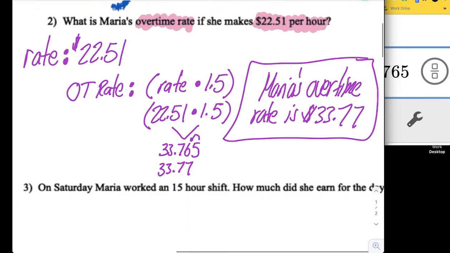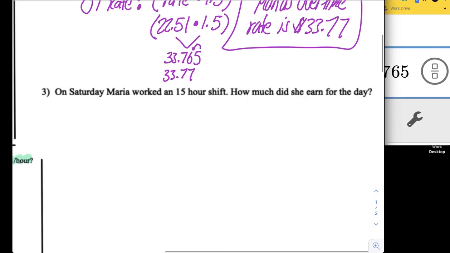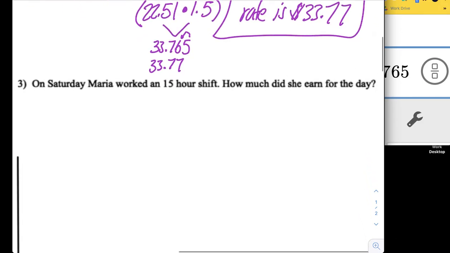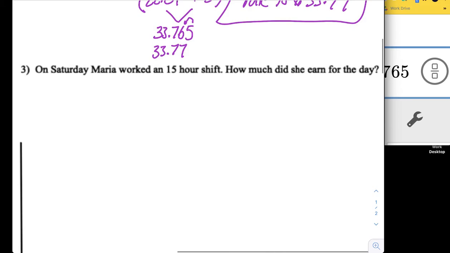Okay? So, let us do number 3. Number 3, guys, is a combination of both regular pay and overtime pay. So let's see here. On a Saturday, Maria worked a 15-hour shift.